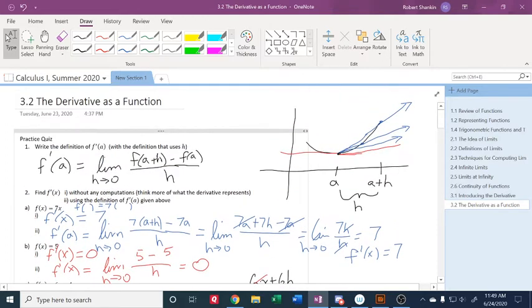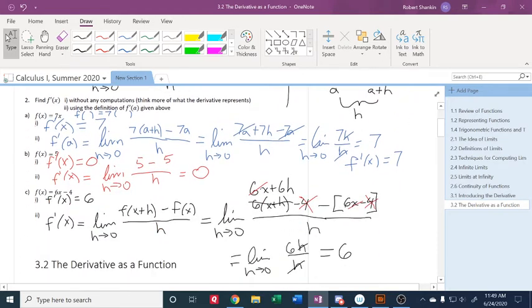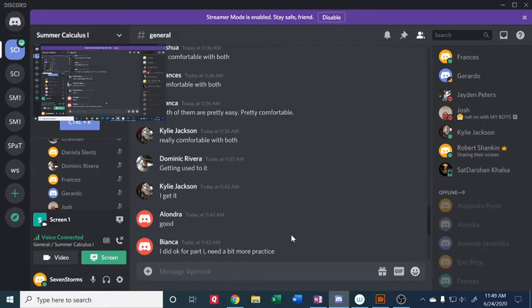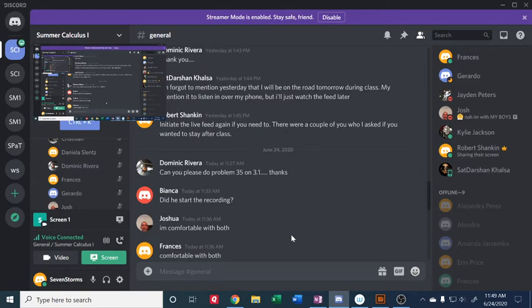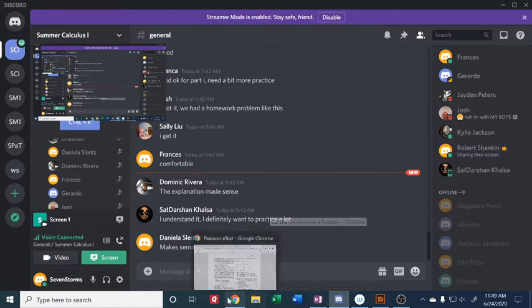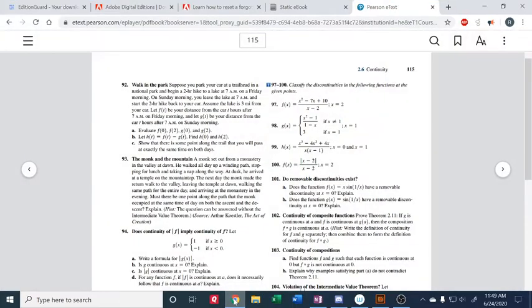Alright, so let's go to questions. There was a question that was put up here earlier, problem number 35 on 3.1, that's page 138.